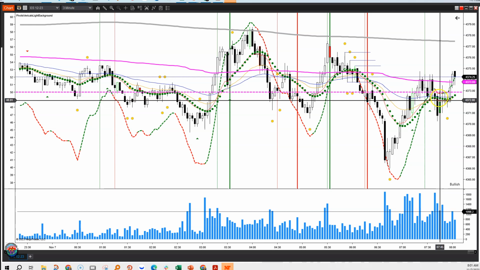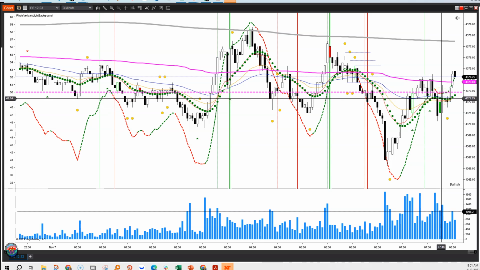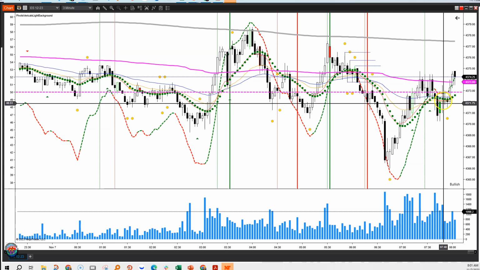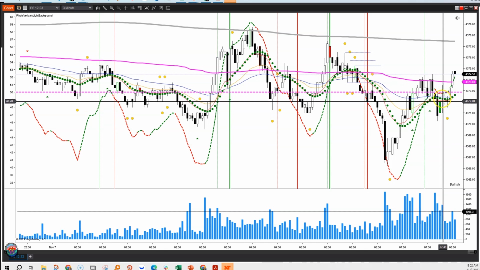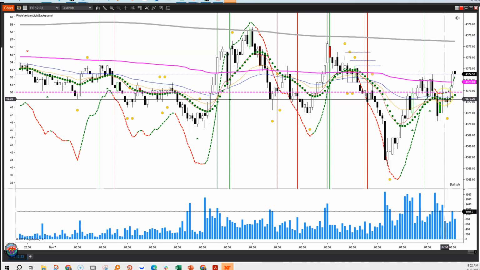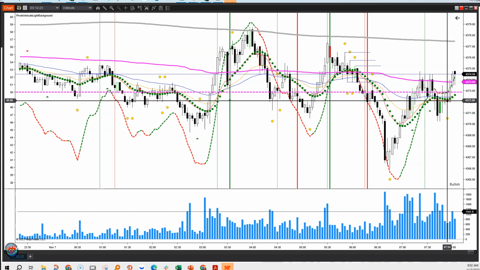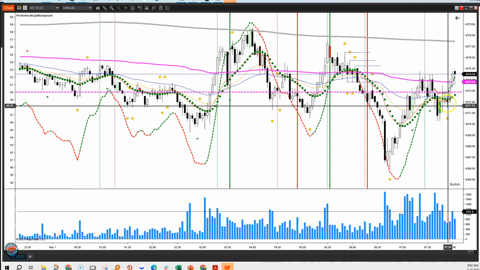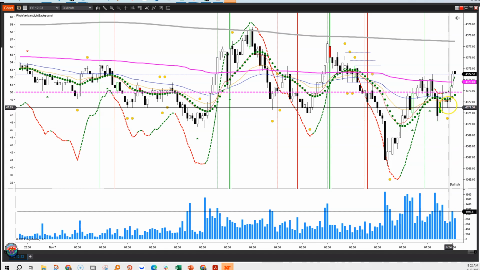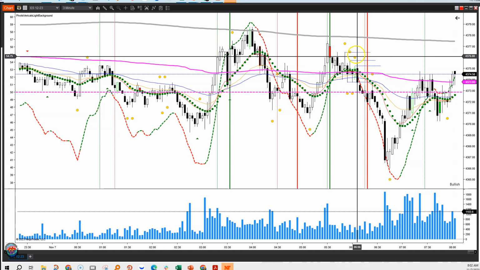So that would have been further evidence to maybe stay in this long trade. And then we've got a doji here, still closed above the trend dots. And we've got a close, I'm going to say right on the trend dot, trade below the trend dot. And then here is your isolated low right here that I marked.